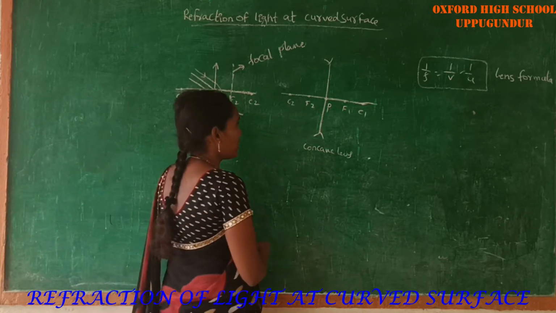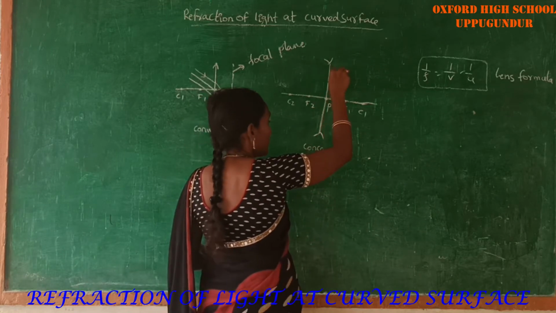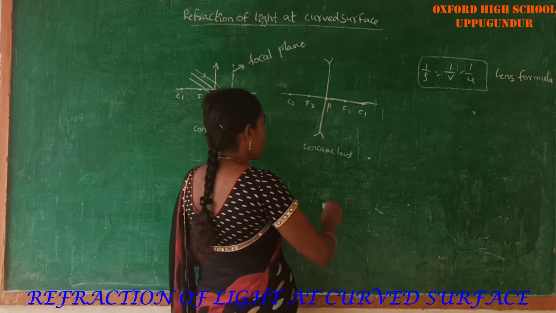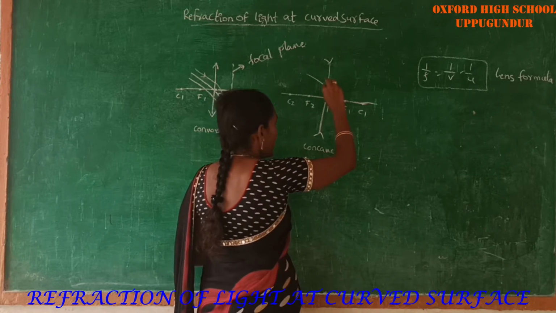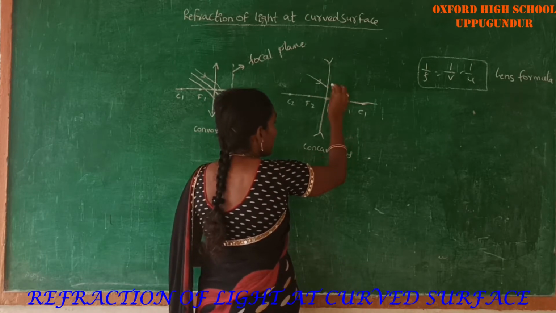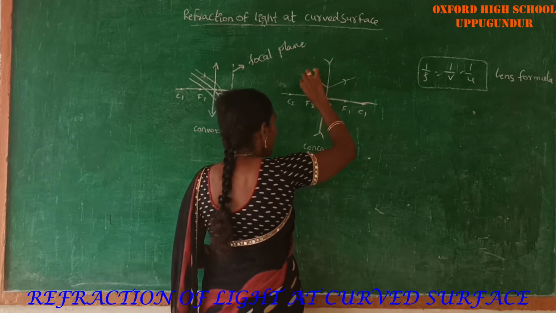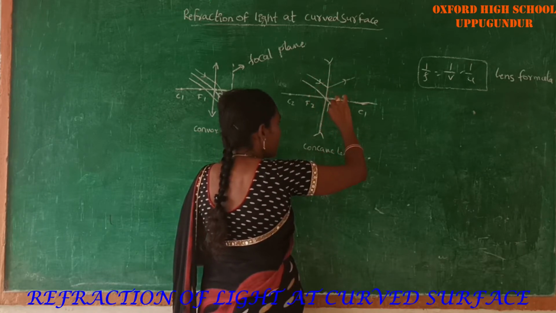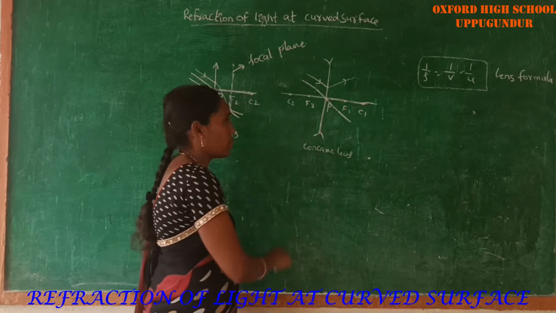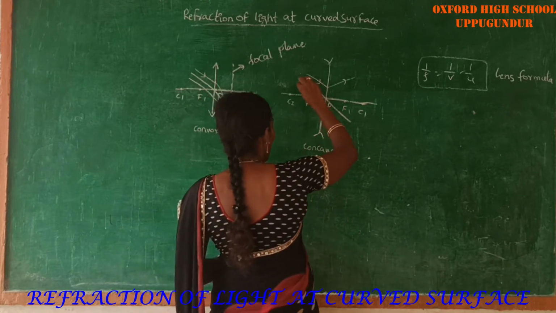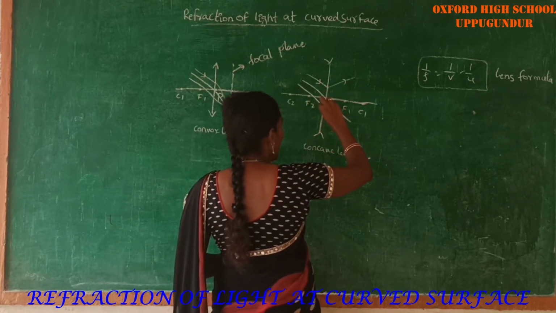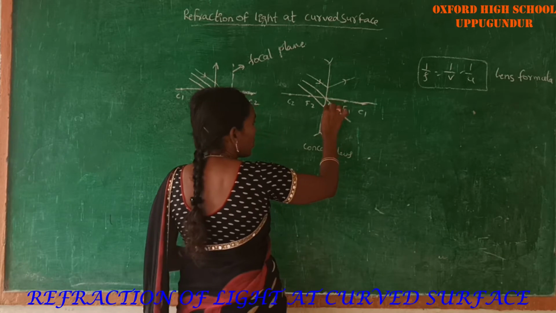See this diagram. Here is the representation of a concave lens. This is a light ray. After refraction, the light ray bends away from the normal. Another light ray passes through the optic center, which means it does not deviate. The third light ray is also incident on the concave lens.